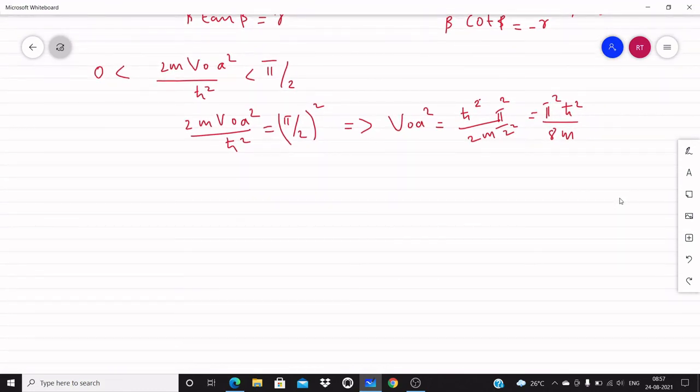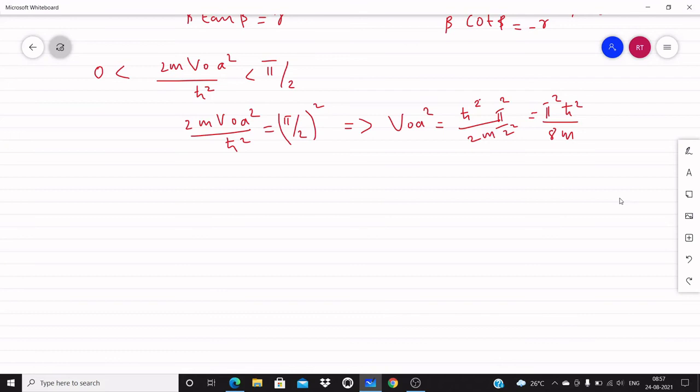And for the two intersection case, if you equate 2m V0 a square by h cut square to pi square, you will have energy in the case of the first excited state, and it goes like that.